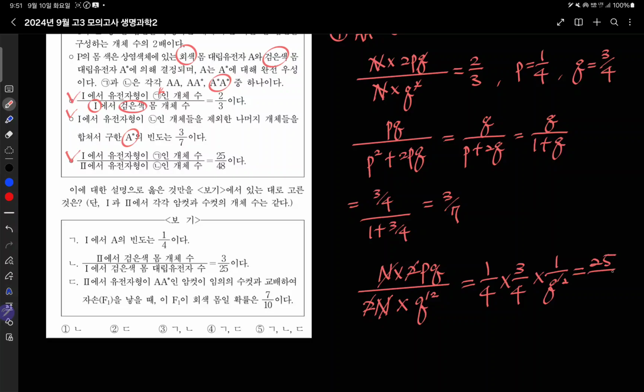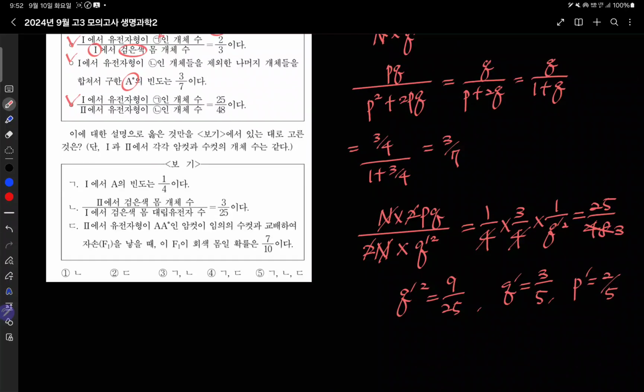That's equal to 25/48. So I simplify the denominators. That means q prime squared is equal to 9/25. So q prime is 3/5 and p prime is 2/5 in the second population.